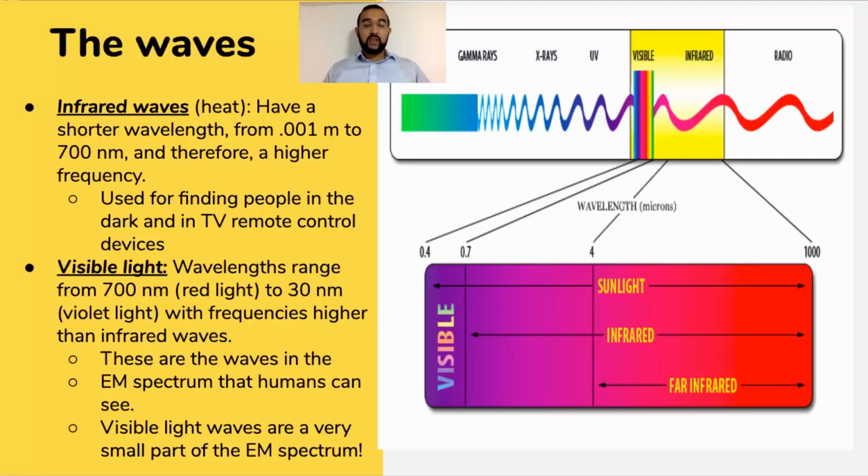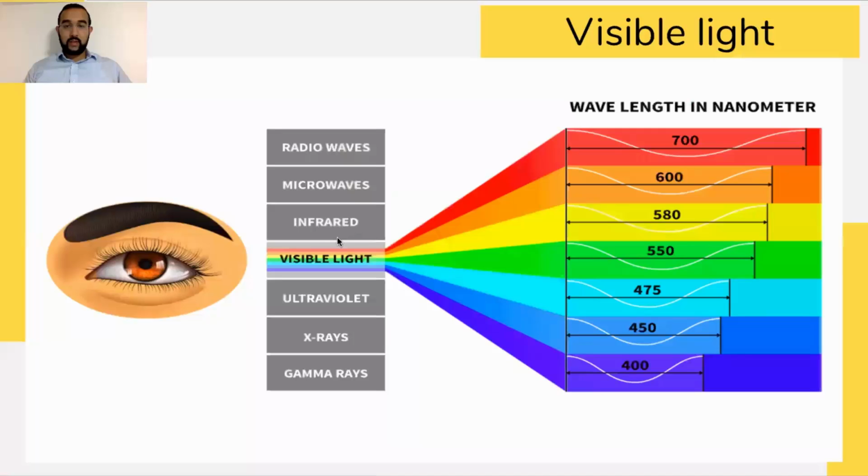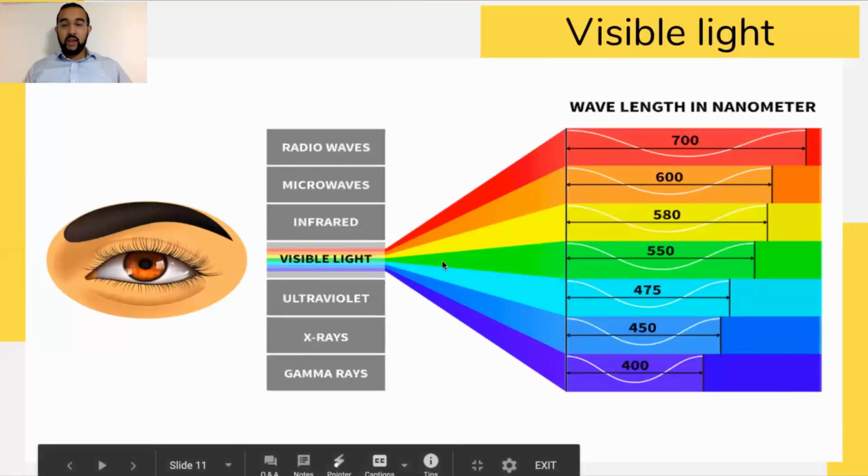Visible light waves are a very small part of the EM spectrum, as we discussed. So you have your radio waves, your microwaves, infrared, and this section is called the visible light. And then you have your ultraviolet, X-rays, and gamma rays. And we are only able to see a small section of the entire EM spectrum.